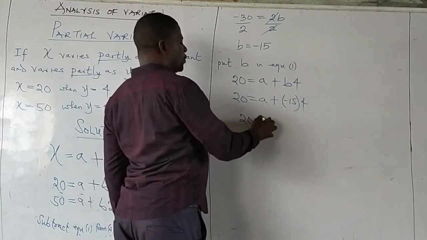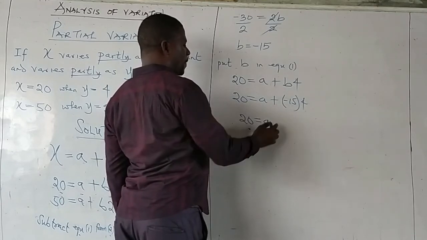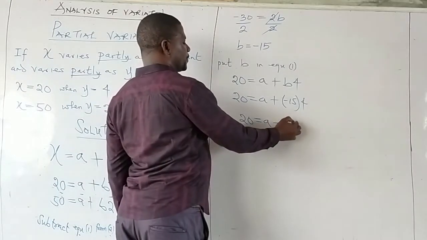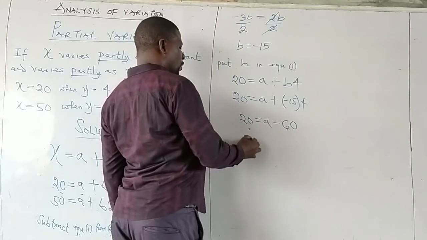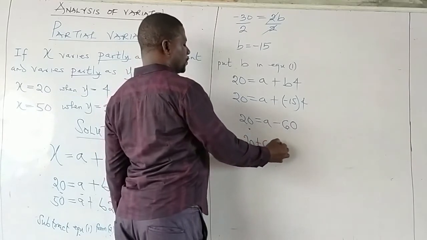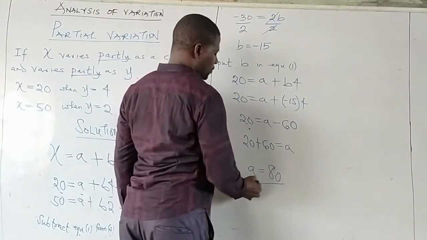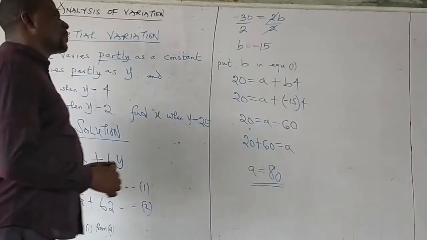So 20 equals a plus minus 15 times 4, which is minus 60. If this minus 60 comes here, it will change to plus. Plus 60, plus 20, so our a will be 80. So a is 80, b is minus 15.